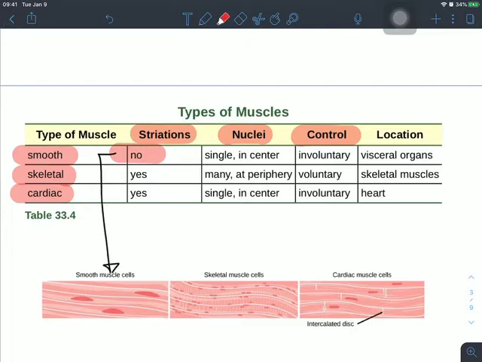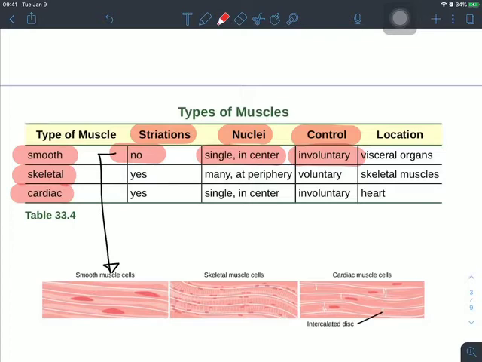It has a singular nucleus frequently and is involuntarily controlled, because smooth muscle lines things like your digestive tract. Now, fortunately, I hope, you've never felt your body moving excrement through your insides. That's because all of that movement is controlled with smooth muscles.